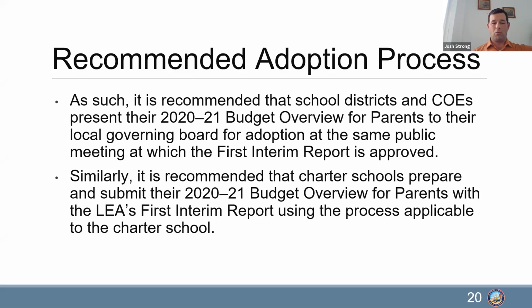And so, again, having charter schools prepare and submit the budget overview for parents in a manner that's similar to what their process is.